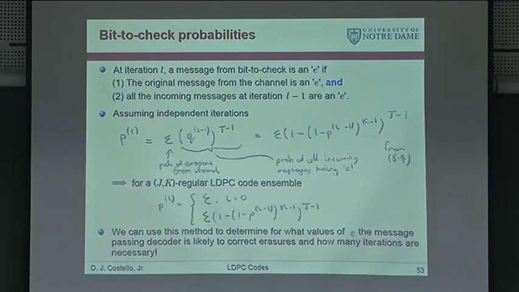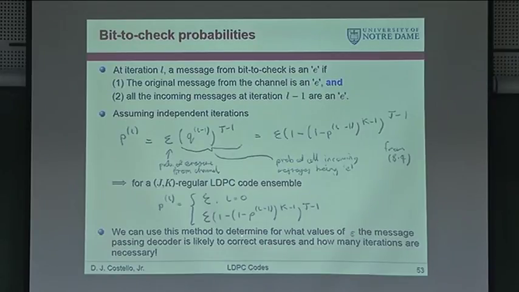Now we can use this method of tracking the probabilities of messages passed in the belief propagation decoding algorithm to determine, I mean, these things are functions of epsilon, which is the channel parameter. Think of it if we were doing additive white Gaussian noise, we'd have a signal to noise ratio parameter here. Or we'd have noise variance sigma or something like this.